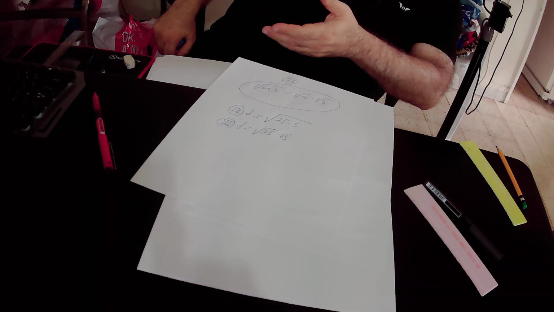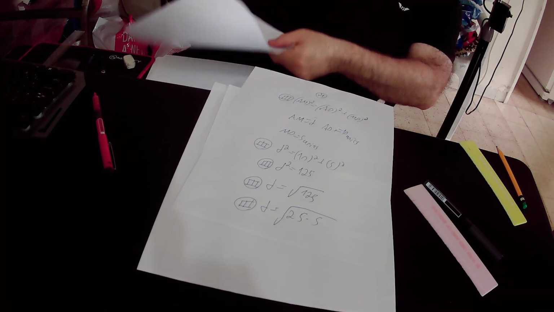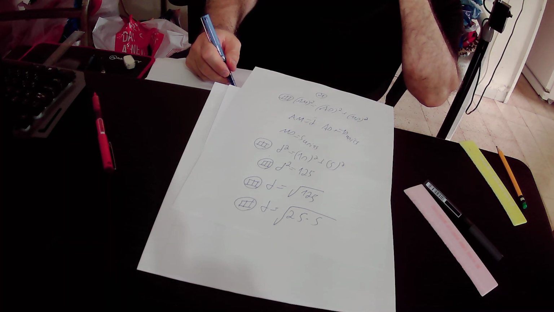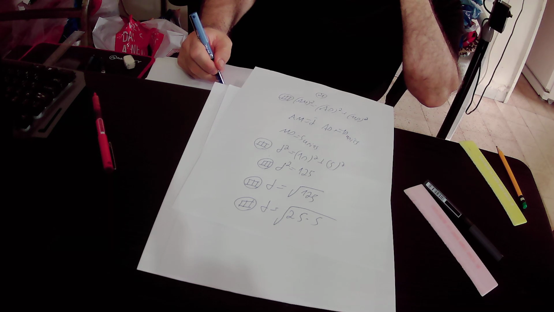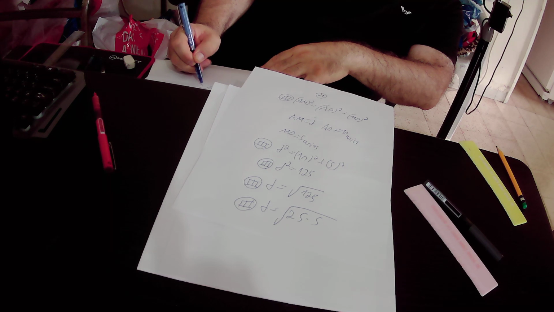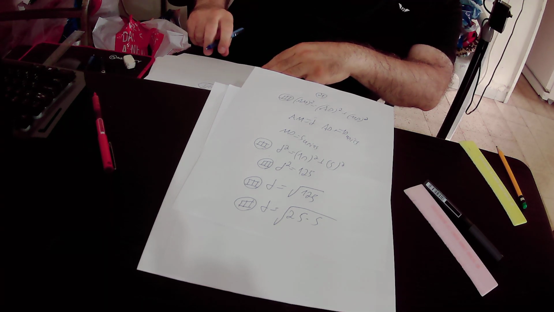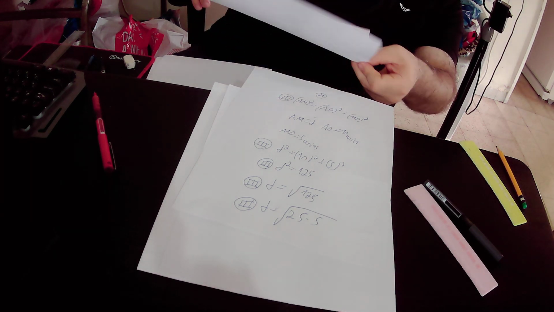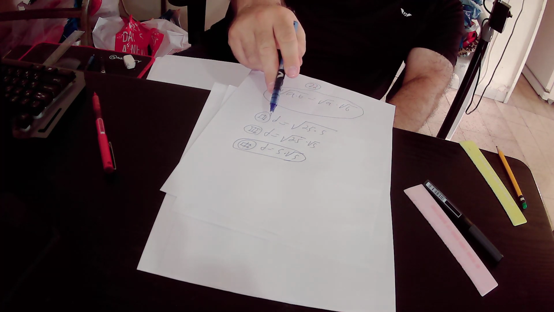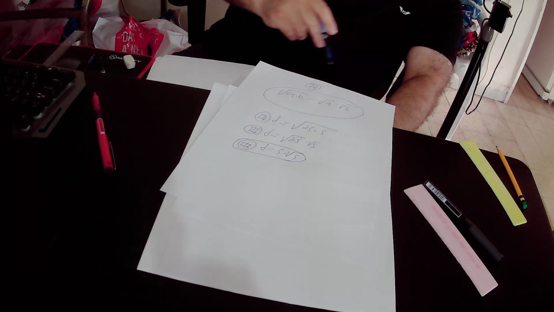We know that the root of 25 is 5, so I write it down. The root of 25 is 5, so we got that d equals 5 times root 5.